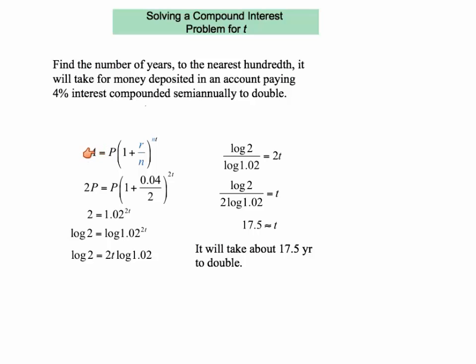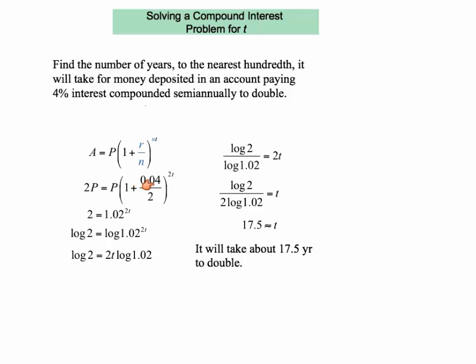We want this amount to be double of P, so we put 2P instead of A. So everything is in terms of P. As you see, P really cancels out. If I divide both sides of the equation by P, I don't have the P anymore. So we just want it to be doubled, so this 2 stays here.